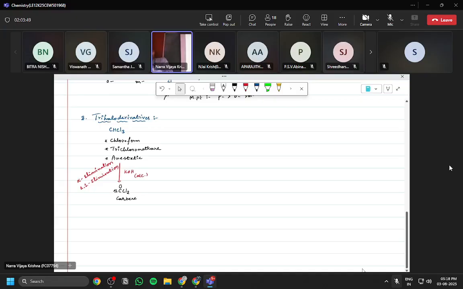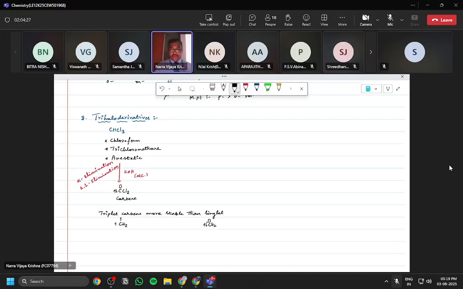Among carbenes, singlet and triplet, which is more stable? Triplet carbenes are more stable than singlet. Why? Hund's rule of maximum multiplicity. How many times have we discussed it? Spin multiplicity will be maximum.